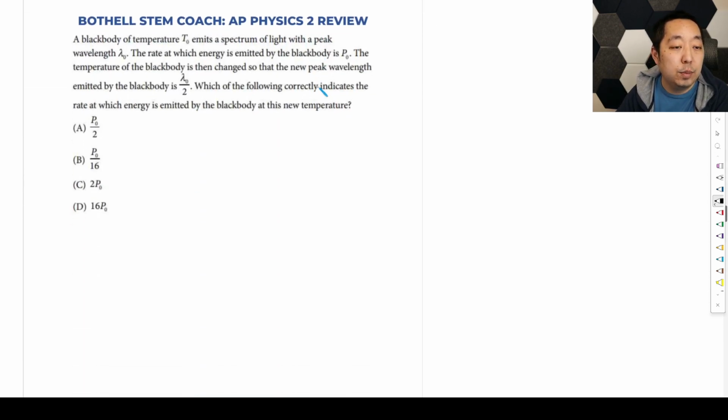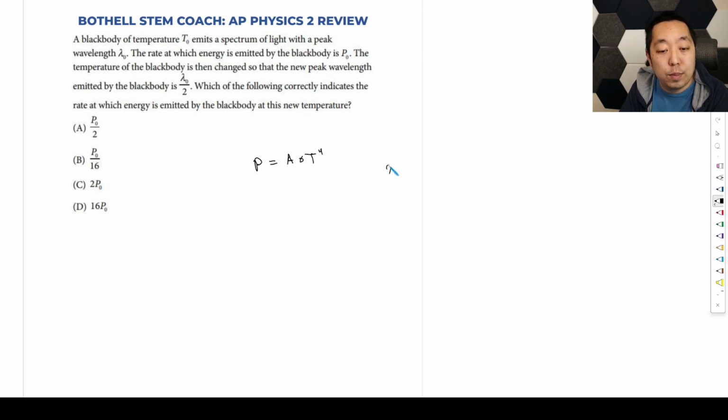Okay, a blackbody at temperature T0 emits a spectrum of light with peak wavelength lambda 0. The rate at which energy is emitted is P0. The temperature of the blackbody is unchanged, so the new peak wavelength is lambda 0 over 2, which, if found correctly, indicates the rate at which energy is emitted. So remember, the power is going to be the surface area times T to the fourth. We've got that T to the fourth dependency.